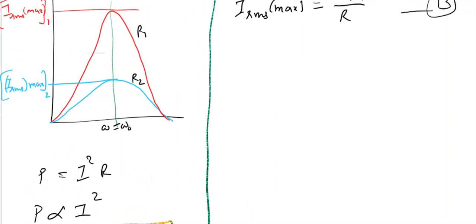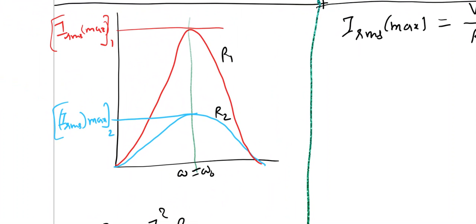Now, in this graph, if I am getting maximum power for this value of current, there should be some other value of current for which power becomes half.